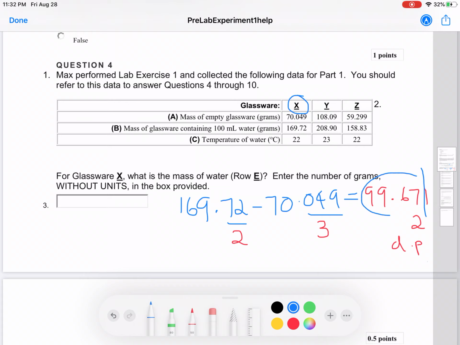Are you going to write down all these numbers? No. Again, we have to go by the rules for division and multiplication. The rule for division and multiplication for the significant figures is you go by the least number of significant figures, not the decimal places. Okay, so for the numerator, which is your mass 99.67, there are 4 significant figures here, and your bottom number also has 4 significant figures.